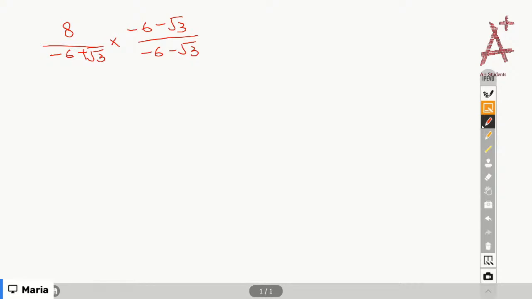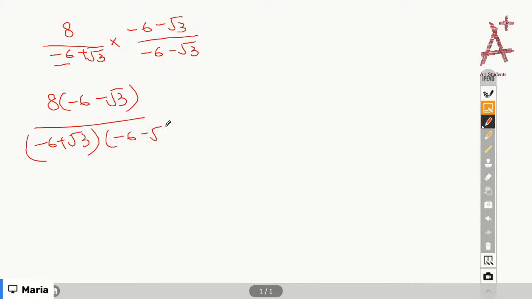So multiply the numerators and then the denominators. It would be 8 times negative 6 minus square root 3, over negative 6 plus square root 3 times negative 6 minus square root 3. It is a plus b and a minus b.